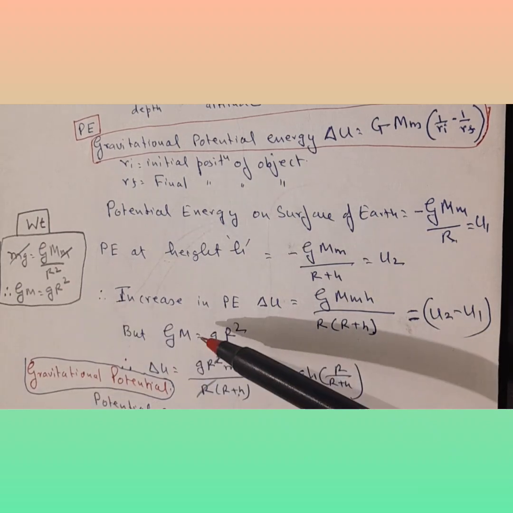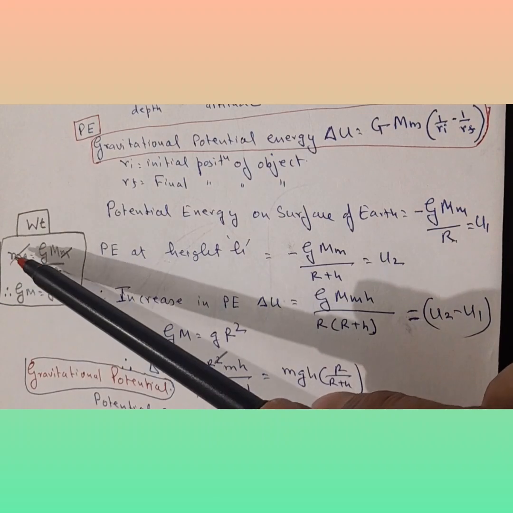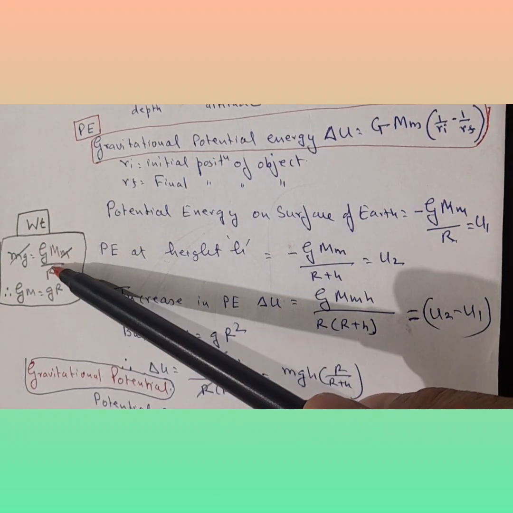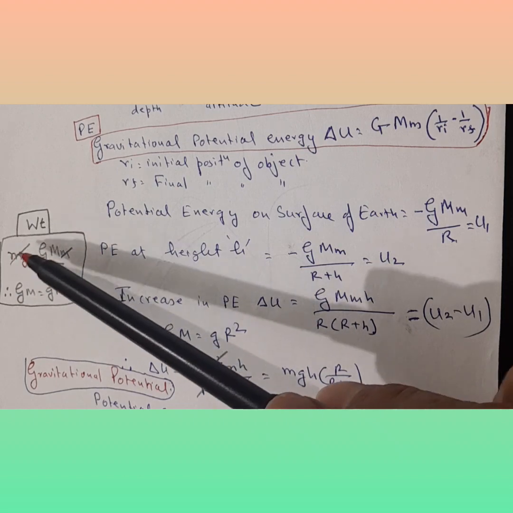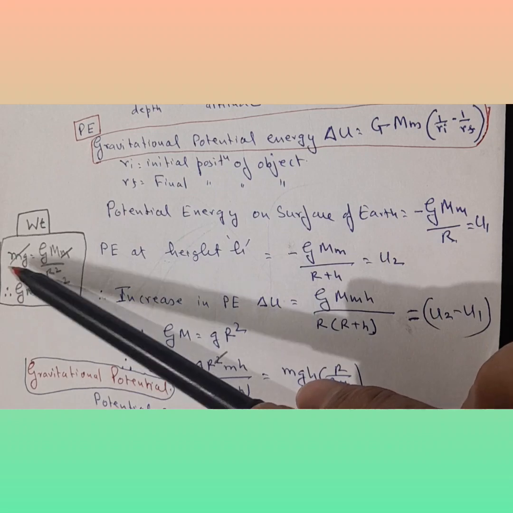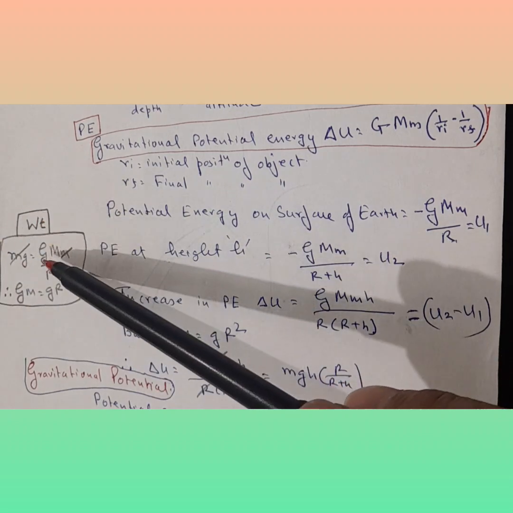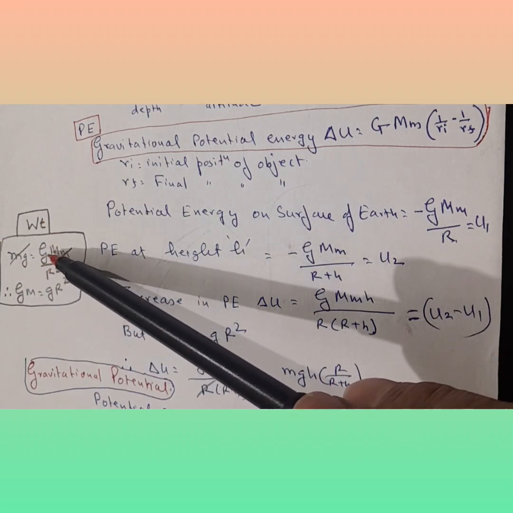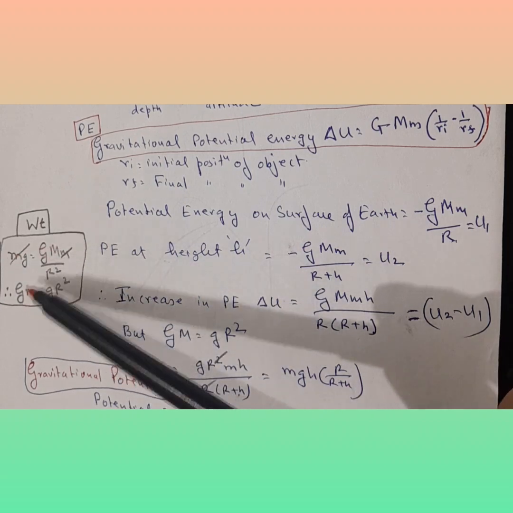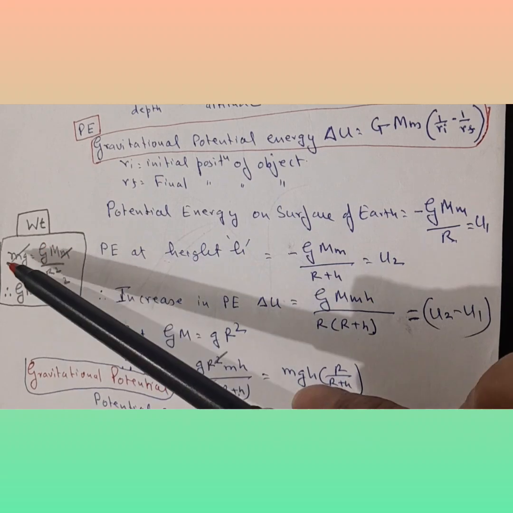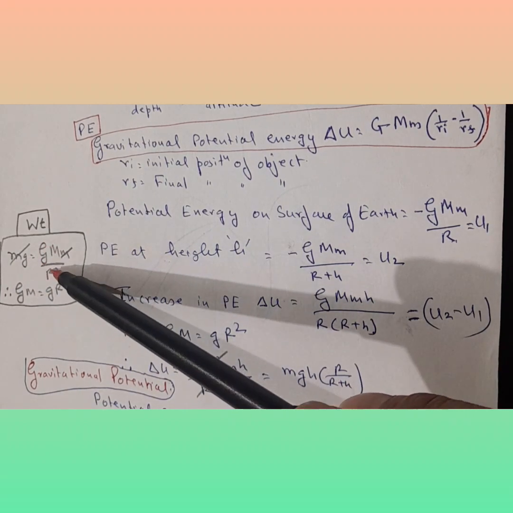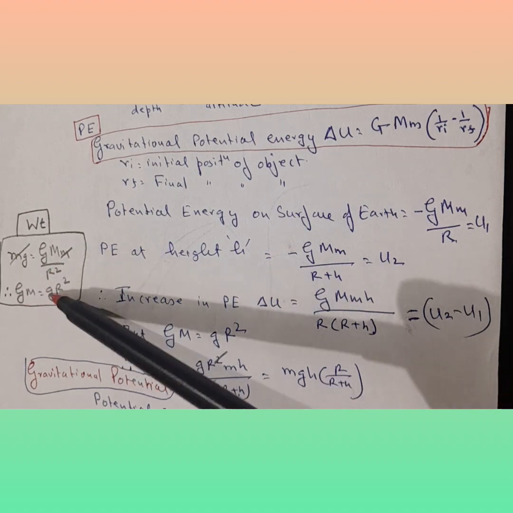Now how do we get this? See, force mg is equal to the gravitational force GMm upon R square. When we equate them, force mg is equivalent to the gravitational force, which is GMm upon R square. So if we cancel the mass m, the mass of Earth stays and R square goes there, so GM is equal to gR square.